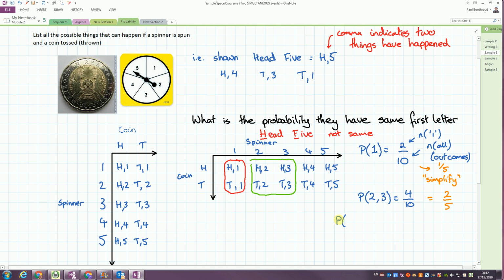Let's first of all look at the probability of a head and 4. That's just that box, and that's 1 out of 10. What if I asked the question, what about a head or a 4?